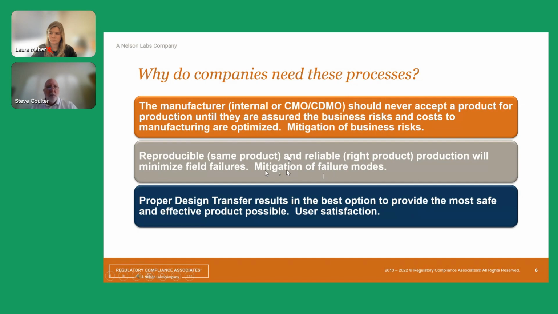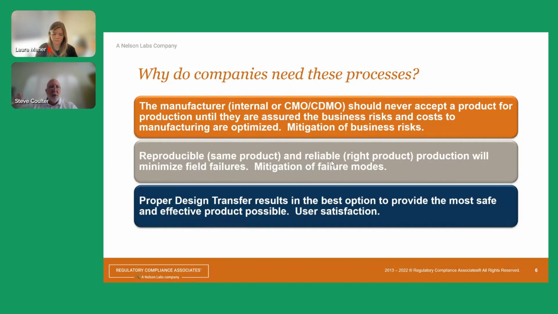The whole goal of doing a proper design transfer is to make sure, and these are key phrases the FDA uses all the time and auditors will use all the time, you want the process to be reproducible and reliable. Reproducible, you're making the exact same product over and over again.